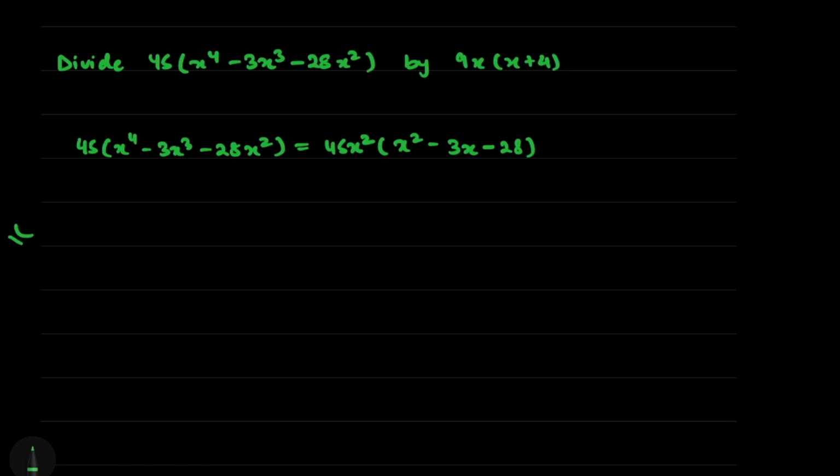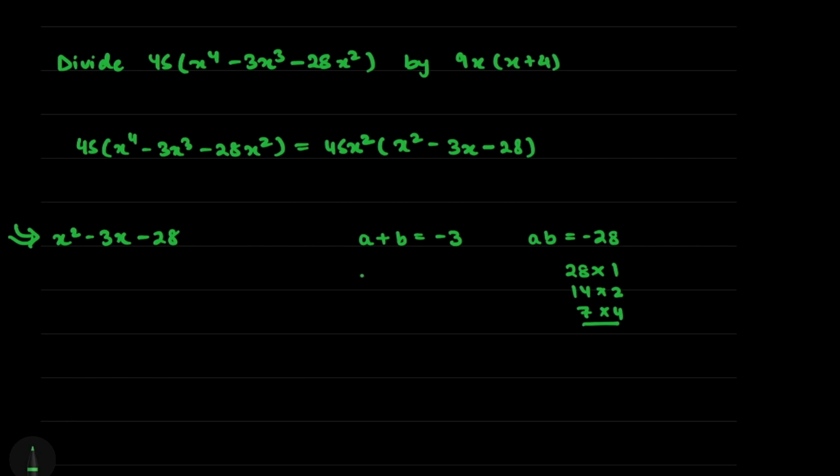Let's try this. x squared minus 3x minus 28. Our factorization should be such that a plus b is minus 3 and a into b is minus 28. Let's try it out. 28 into 1, 14 into 2, 7 into 4. There we go. So we have minus 7 plus 4 will give us minus 3, and minus 7 into 4 will give us minus 28. So we factorize x squared minus 7x plus 4x minus 28.